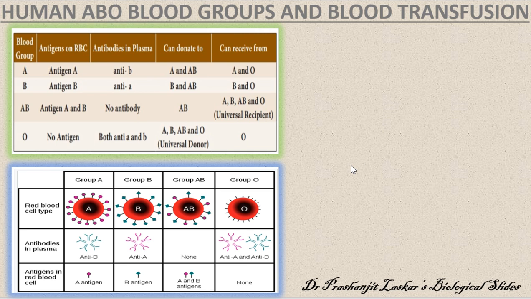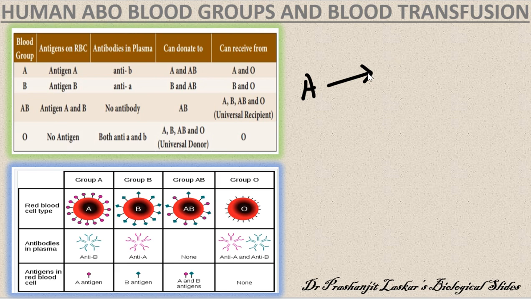Persons with one antigen have natural antibodies in their plasma against the other antigen. Persons with antigen A have antibodies for antigen B in their plasma.